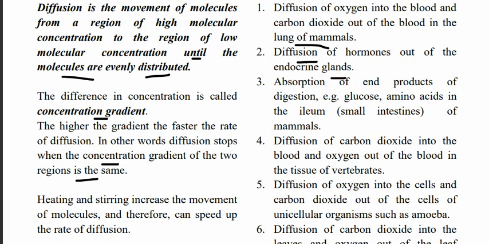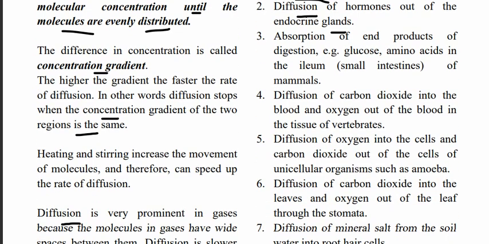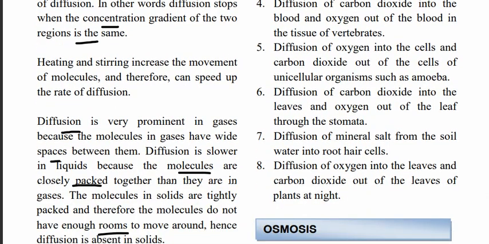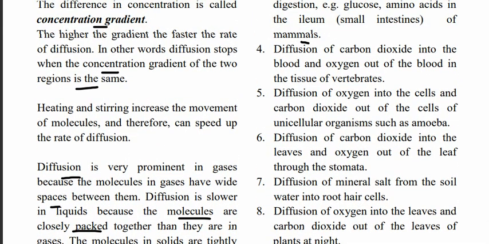Then we have absorption of end products of digestion, for example glucose and amino acids, in the ileum, small intestines of mammals. We also have diffusion of carbon dioxide into the blood and oxygen out of the blood in the tissue of vertebrates.